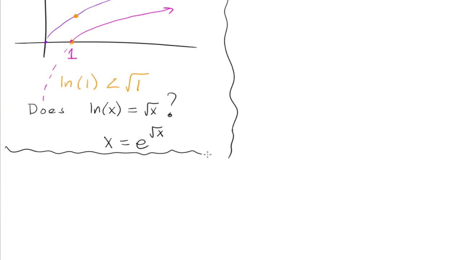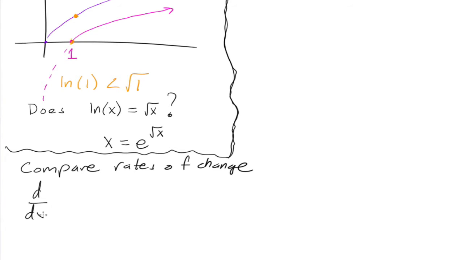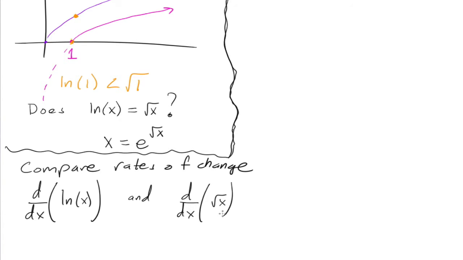Without having too many tools in our arsenal, let's compare the rates of change. So we want to compare the derivative of natural log of x and the derivative of square root of x.